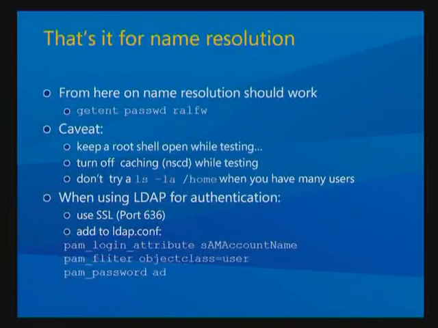You have three more attributes in your LDAP conf saying which attribute to use for matching the user. That's the SAM account name in this case, but you might use something else. You might restrict this to a special object class, user, so that machines, contacts or groups cannot log in.